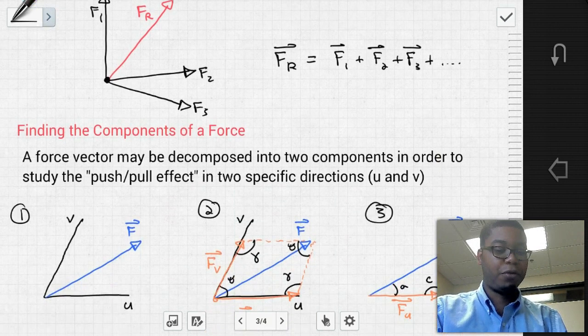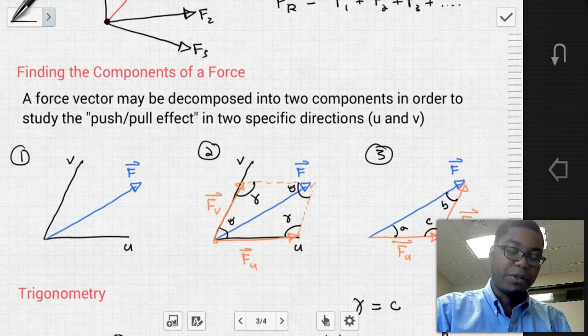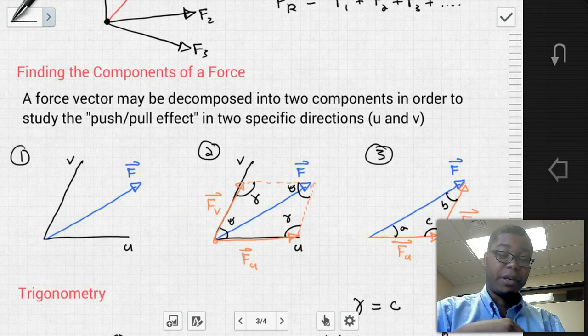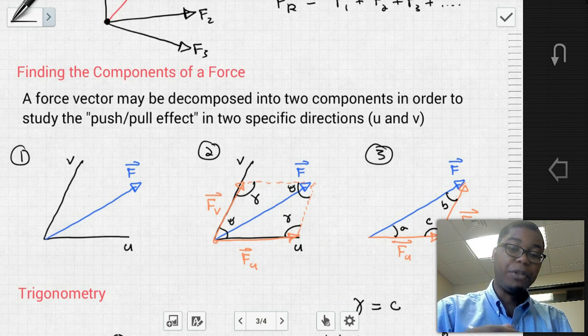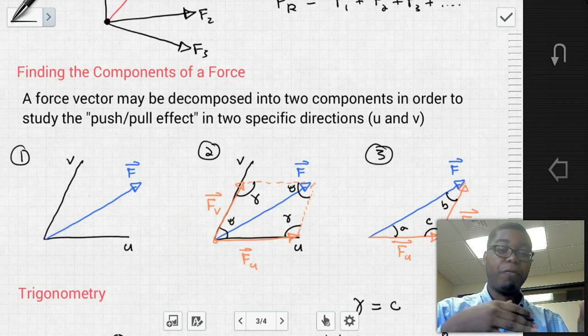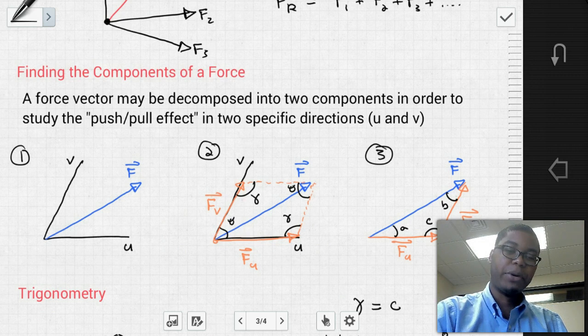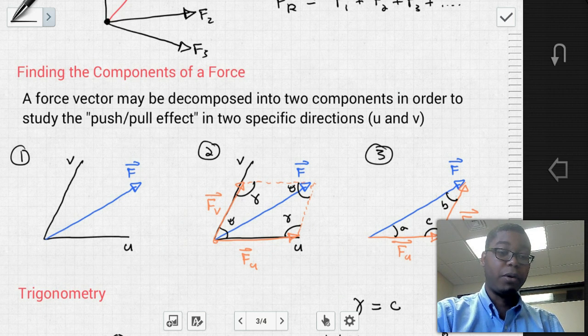Another thing that you may be asked to do is find the components of a force. Say you're given a force that has some angle in some coordinate system. You can actually take that force and subdivide it into components that are directed along those coordinates. So a force vector may be decomposed into two components in order to study the push-pull effect in two specific directions.